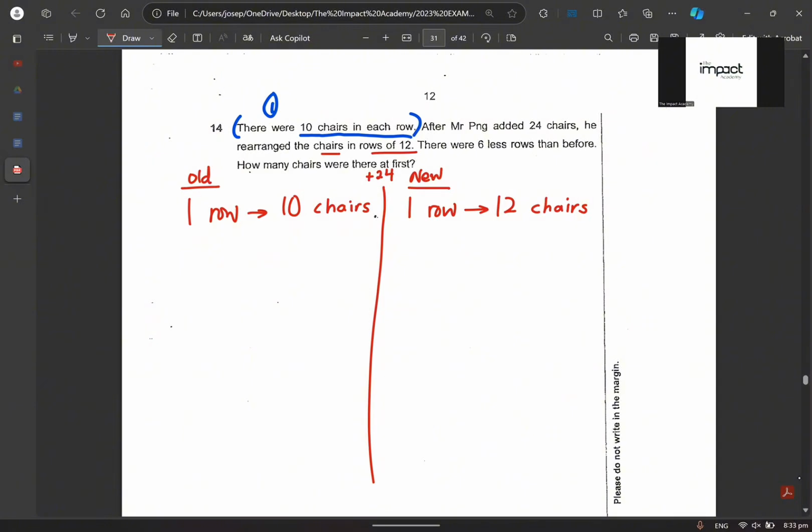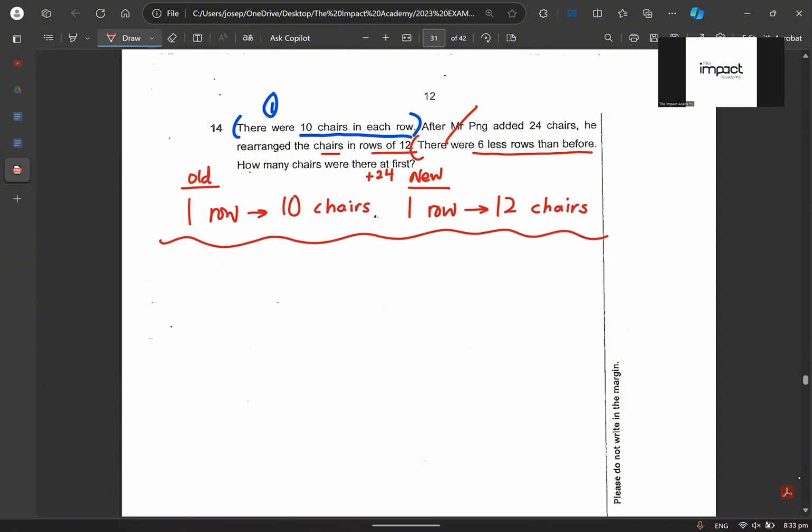We have no idea, but we realized there were 6 fewer rows. What is the meaning of 6 fewer rows than before? 6 times 10. Very good. That is the difference. So 6 times 10 equals 60.